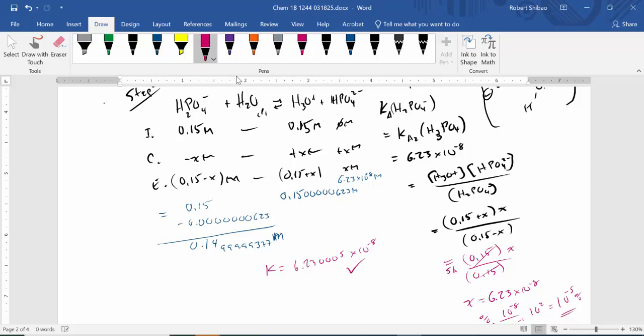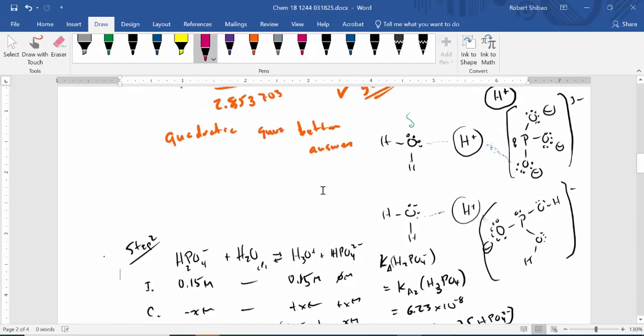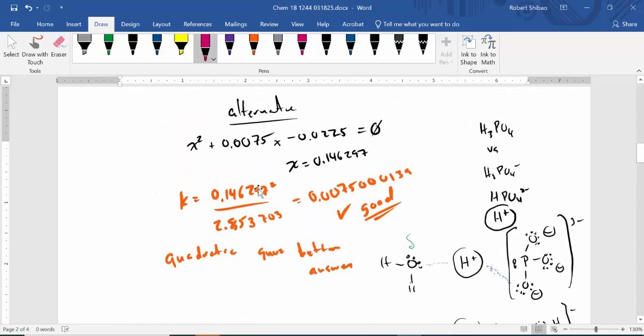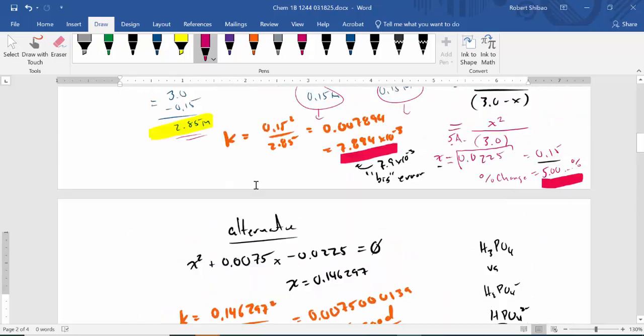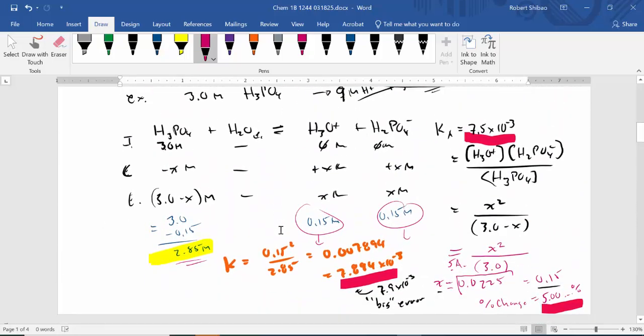And so that looks good. Now, the problem is we have to look and see if that's going to screw up our previous K. So what we do is we take these numbers and then plug them back here. And see, did it change much?